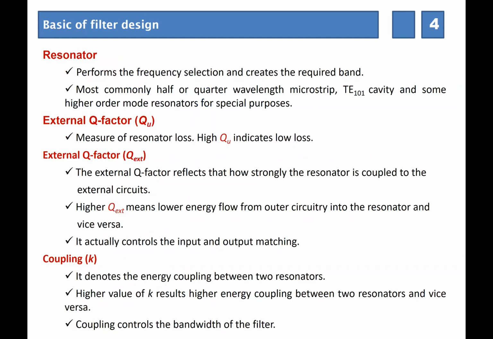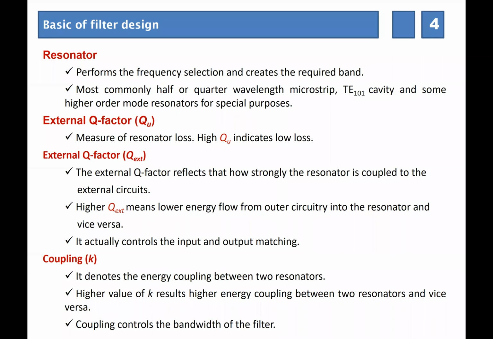So let's start. First, the basics of a filter. The fundamental component we need to design or develop a filter is a resonator. Now, the resonator may be on planar microstrip line, or a cavity like SIW or waveguide.